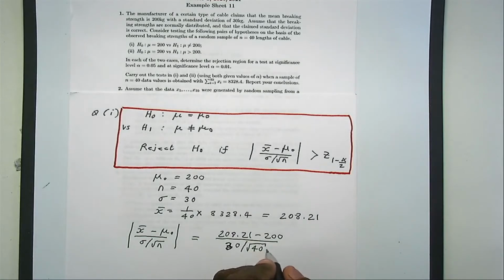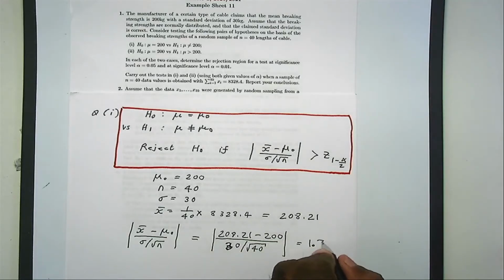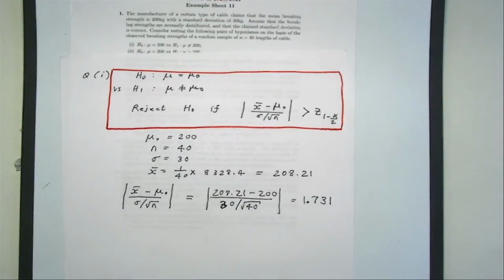Now you should work this out. This will be equal to 1.731. So that's the value of the statistic, 1.731.